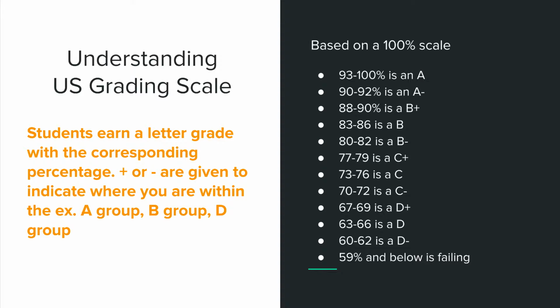A student who receives a 96% in the class is assigned an A. A student who receives a 71 in class is considered a C minus, and a student who receives a 78% in class is considered a C plus.